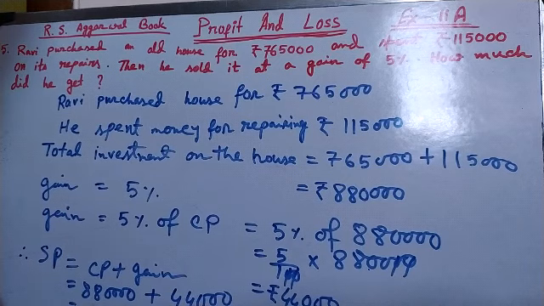Then 3 zeros will be here, 4, 2, 9, that means 9,24,000. Therefore he got rupees 9,24,000.